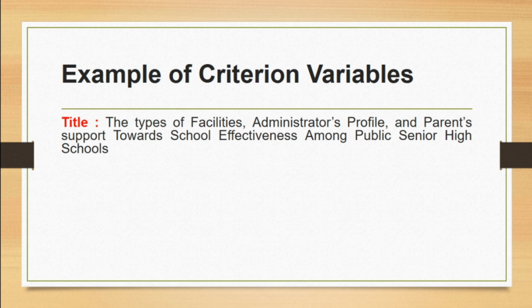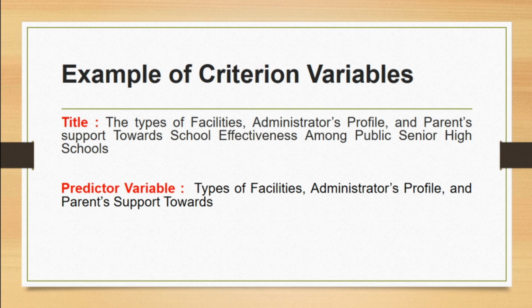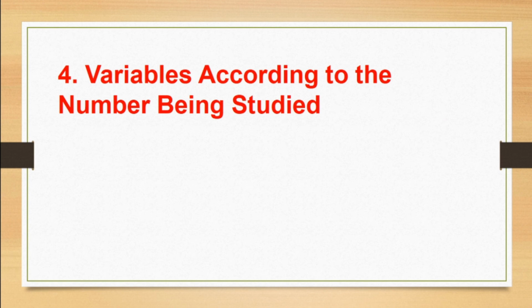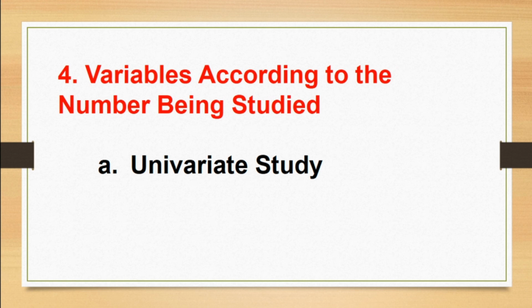Another: the Types of Facilities, Administrators' Profile, and Parent Support towards School Effectiveness among Public Senior High Schools. Now, the predictor niya is types of facilities, administrators' profile, and parent support, and the criterion is the school effectiveness.